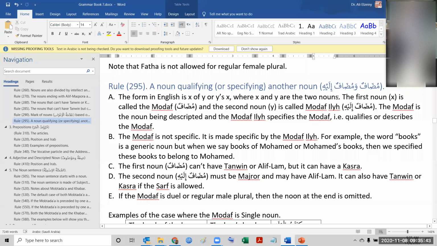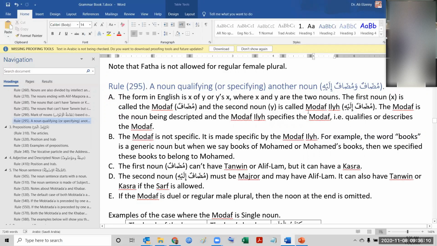Like Muhammad's car, Saeed's game, video game. The two nouns: the video is qualifying the game, that it's a video game. In Arabic, this is called mudaf, mudaf ilayh. Mudaf is the game, and mudaf ilayh is the video, in the case of a video game.